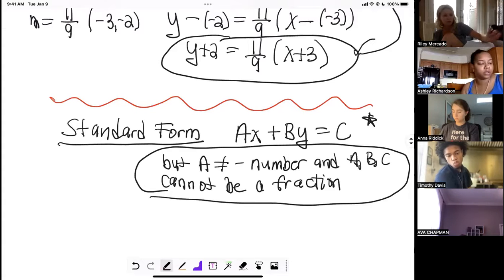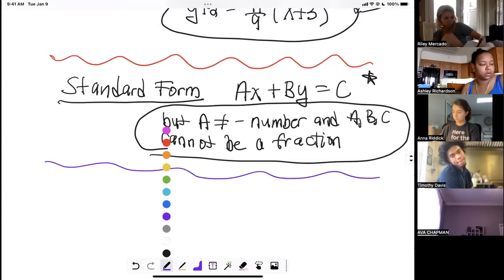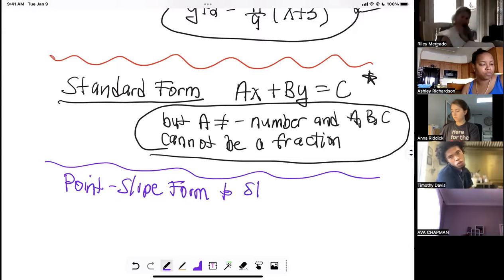Okay. So let's start first with transforming to standard form. What I want to do is take and transform from point slope form to standard form.